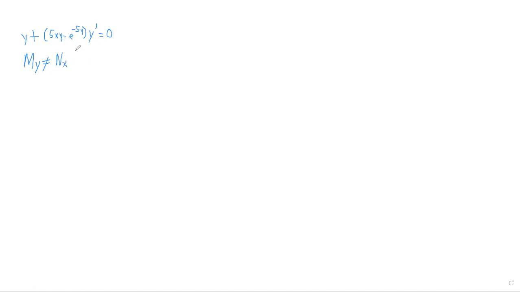But we could use an integrating factor with respect to y. And with respect to y, here is the formula for it. Mu of y is equal to e to the power of the integral of q of y dy.